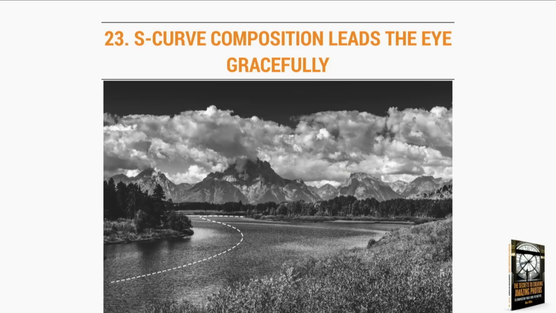What the S curve does is it can lead your eye to where you want the viewer to go. In this case, to the main peak, which is called the Grand Teton. So your eye just kind of naturally follows that path, and you see what you want the viewer to see. And of course, it's enhanced by the amazing cloud formations there that add a lot of pop to it.